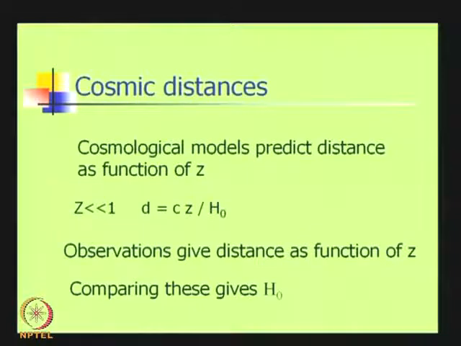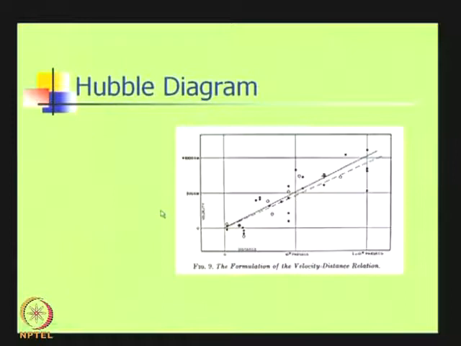I have also told you several classes ago that determining distances is the most difficult thing in cosmology. You can infer the distance from the redshift, that is easy, but independently determining distances is extremely difficult. So, let us now take a look at this.